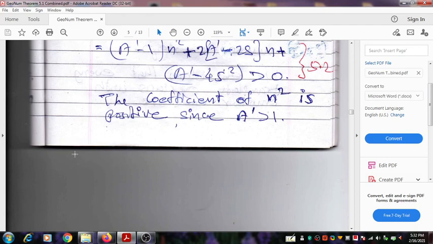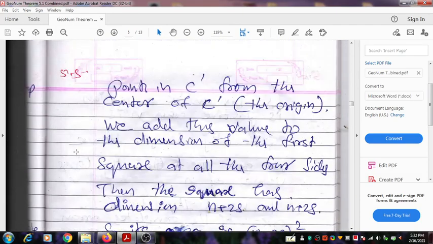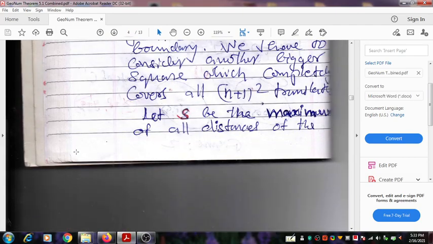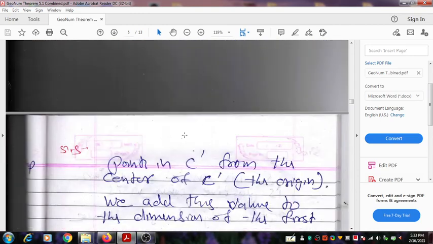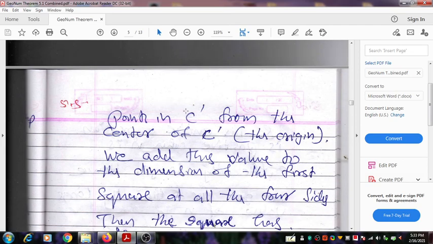Once again, we want to finalize what that S is. It is mentioned here, let S be the maximum of all the distances of the points in C prime. They talk about all points belonging to C prime, but actually we only need the boundary points, because the maximum distance will belong to the boundary of C prime.